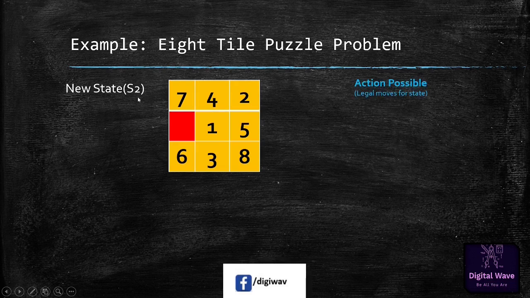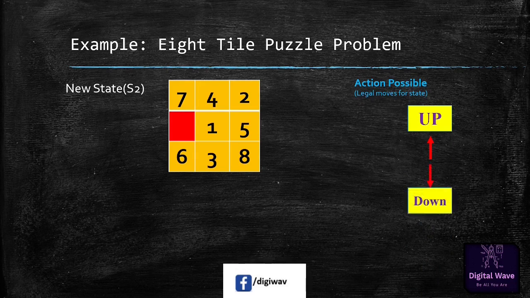Okay, so we will take it, and in the next slide we will perform the action on this 8-tile puzzle. So now the state is also a new state, so I have denoted this state as S2. Now we will see what the possible actions are. So we can see up will be a possible action, down will also be a possible action, but the left move cannot be possible, and if we select right then we will go to the previous state, so we will not consider this right move.